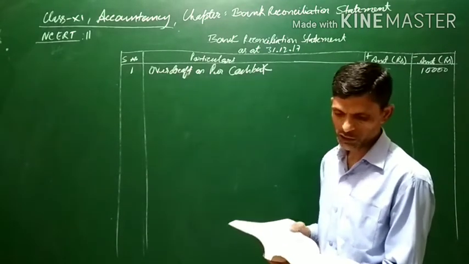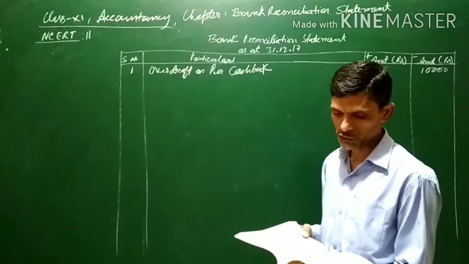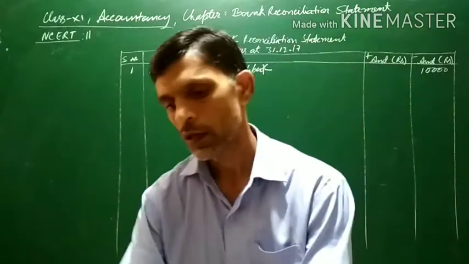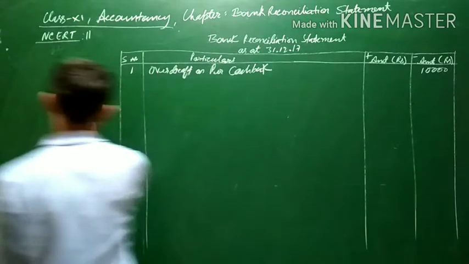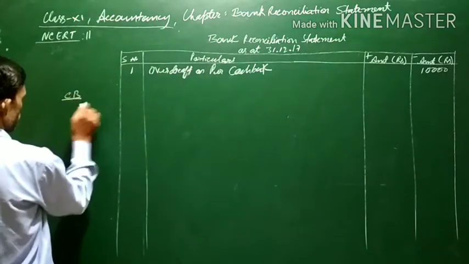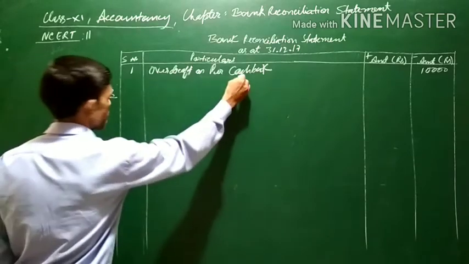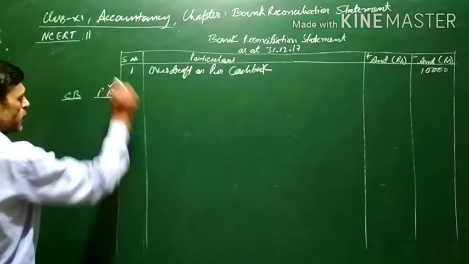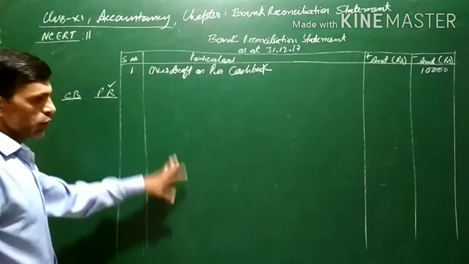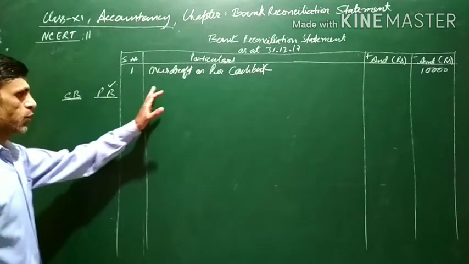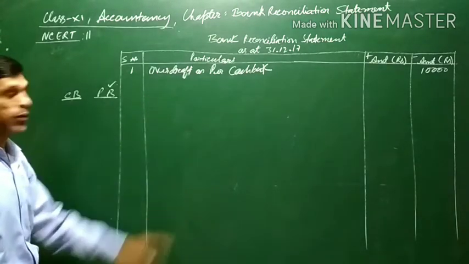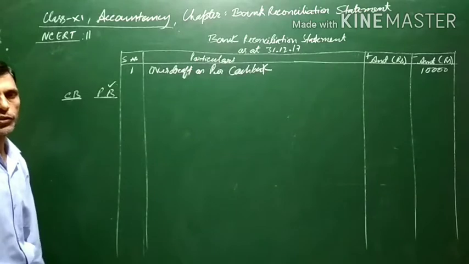Now the second is: bank charges for the above period are also debited in the passbook, 100. Before doing that, we can write in short cash book and passbook. The balance of the cash book is given, so we will arrive at the balance of the passbook after listing the various reasons for the difference.